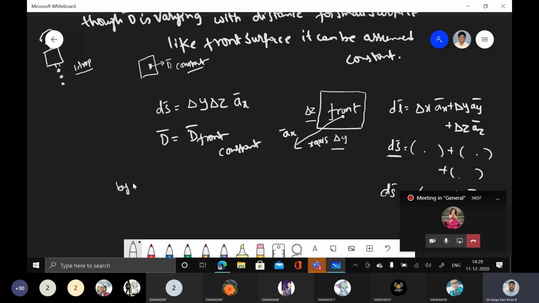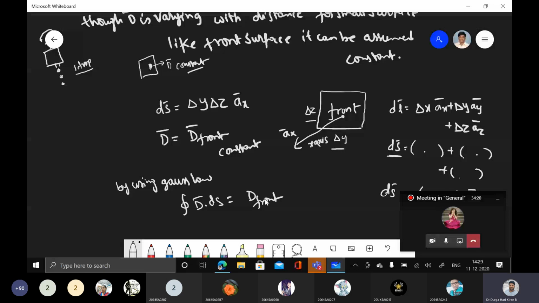By using Gauss law, what can I write? Integral D bar dot dS bar, that is D bar into delta y delta z ax bar.